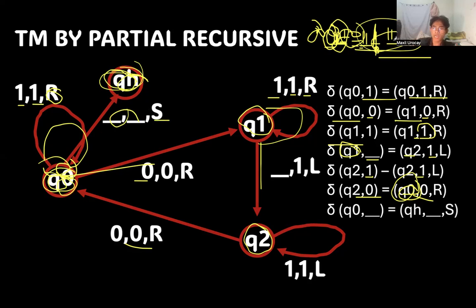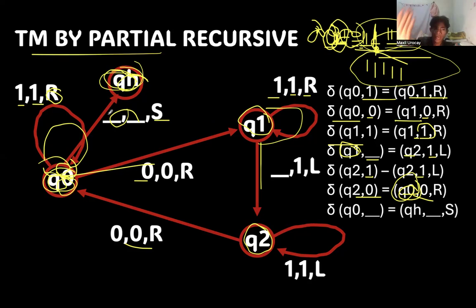So our tape forms 5 as we simulate the Turing machine by partial recursive function, since we did that in an incremental step-by-step procedure, and the Turing machine successfully simulated the addition.